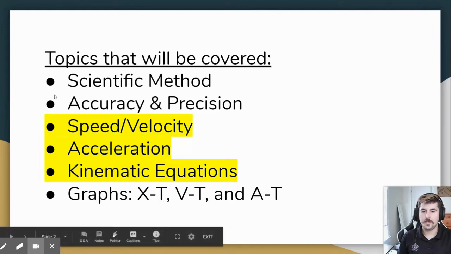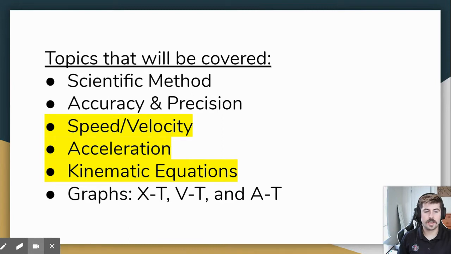So these are some of the topics that are going to be covered on the test.